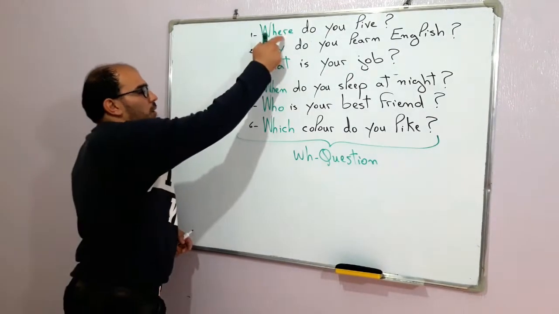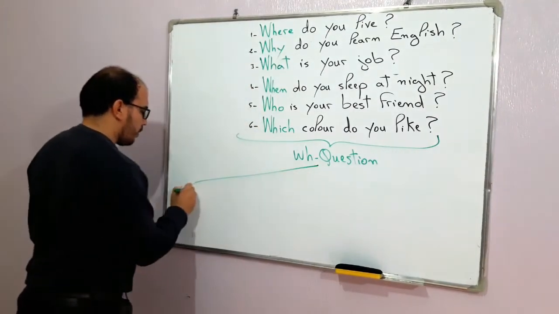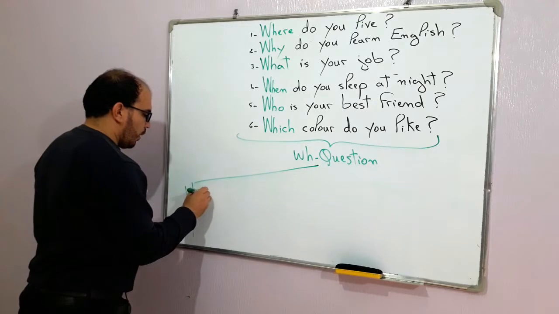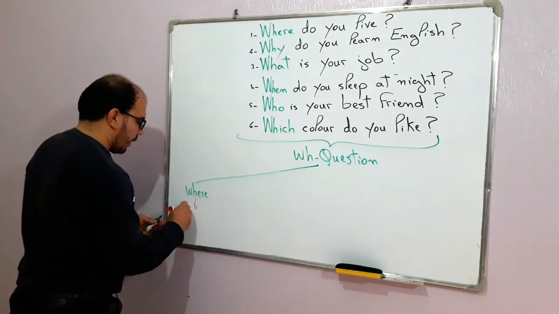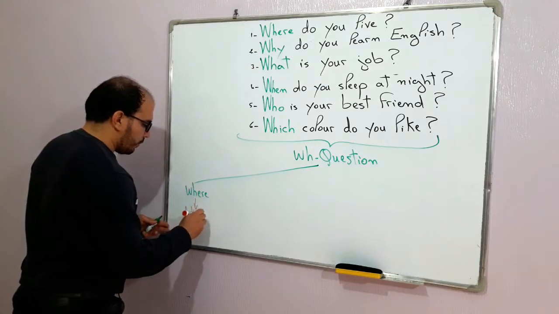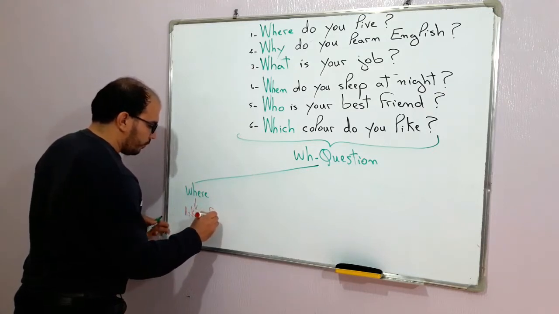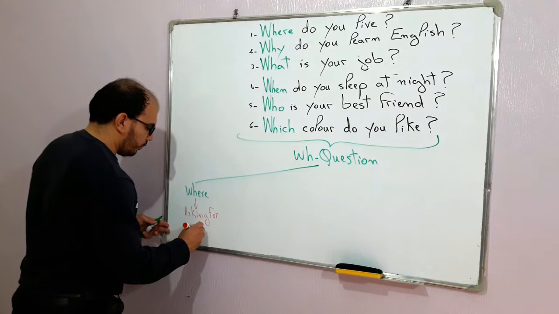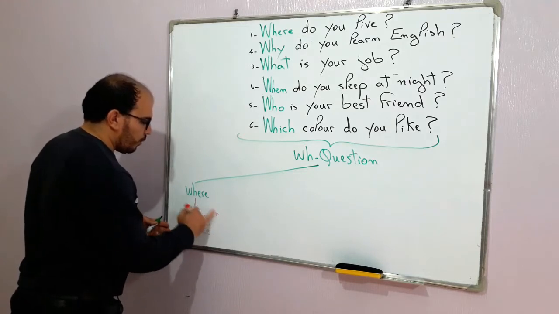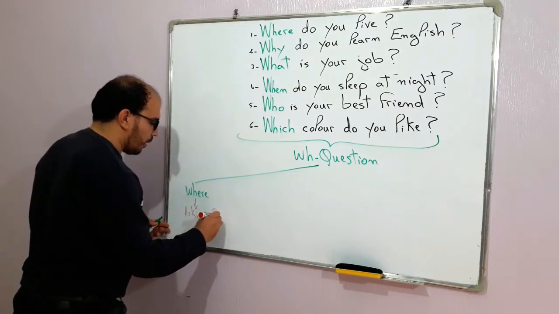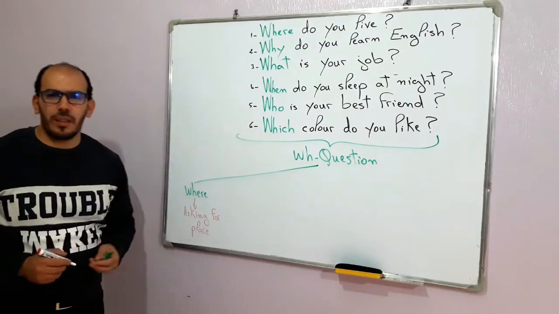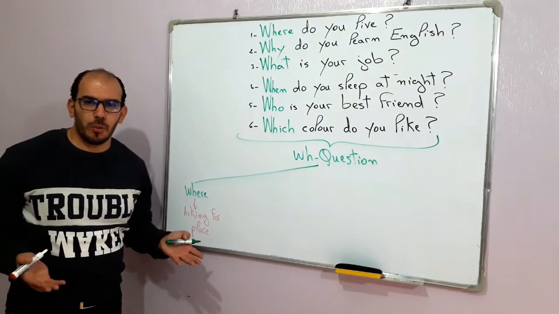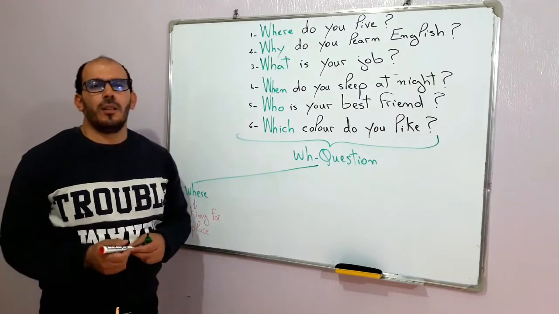And that's why where is used for asking for place. So whenever I want to ask for place, I use where. Where do you live? Where do you play sport? Where do you go on the weekend?